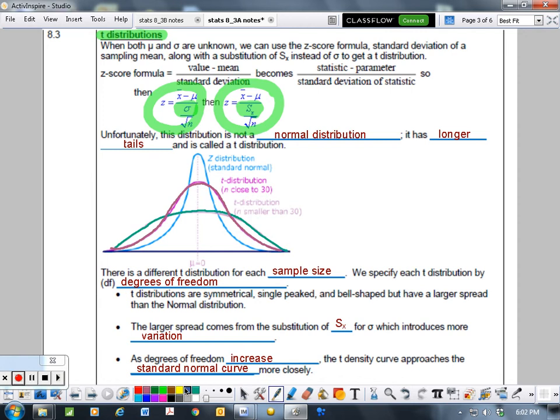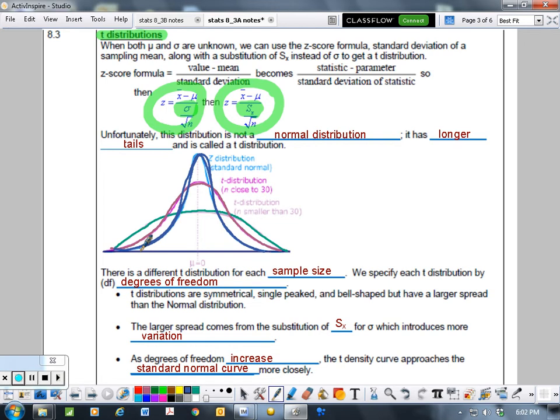And then here's the normal distribution. See how with more people, it gets closer to that normal distribution, but it's not. The fewer people you have, the more it mounds out, and the more people you have, the closer it comes to the standard normal distribution, or the z distribution.